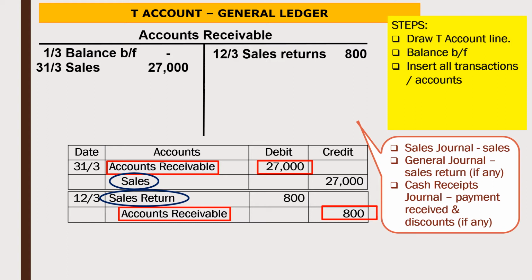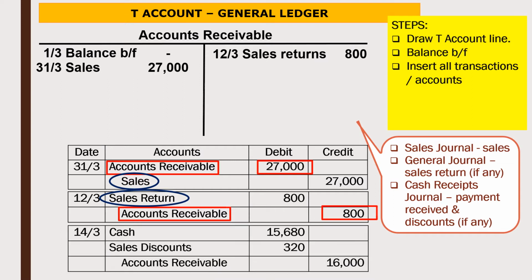And then we look at cash receipt journal. In cash receipt journal, we found that accounts receivable is credit, amounting to 16,000, and it is divided into two.